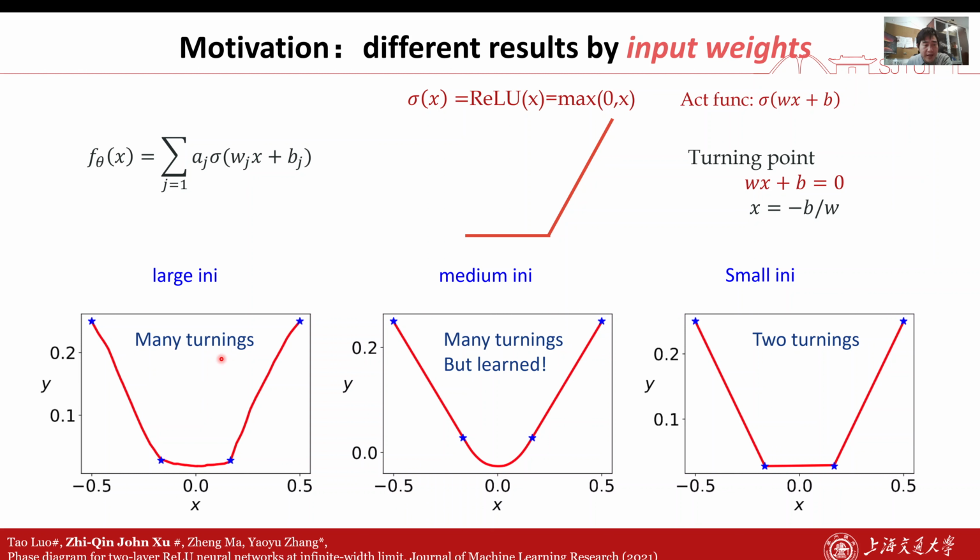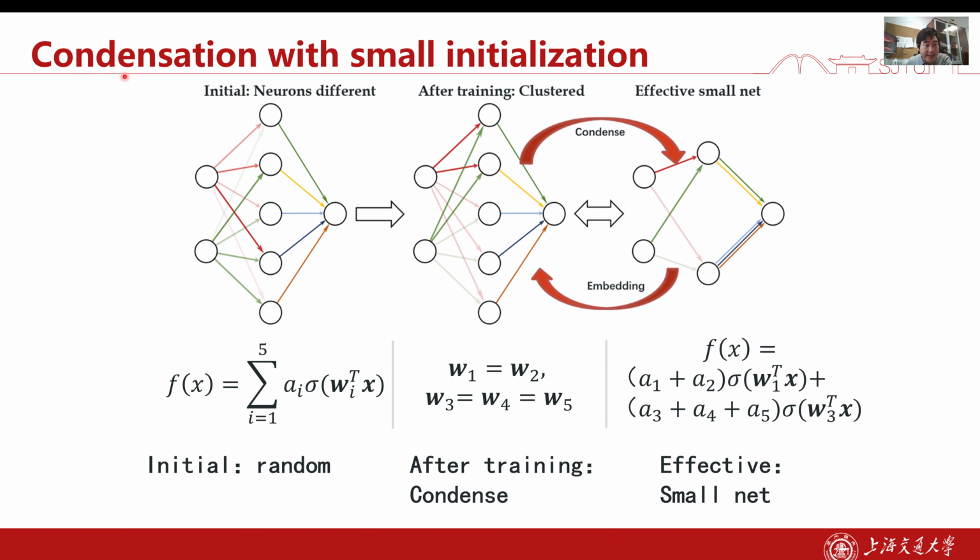The key thing in this lecture is that we found that for small initialization, many neurons will behave very similarly. This is the condensation phenomenon we found in experiments, and it is also supported by some theoretical study. Initially, the neural network's parameters are randomly initialized. They are very different, but after training, neurons in the same layer get clustered.